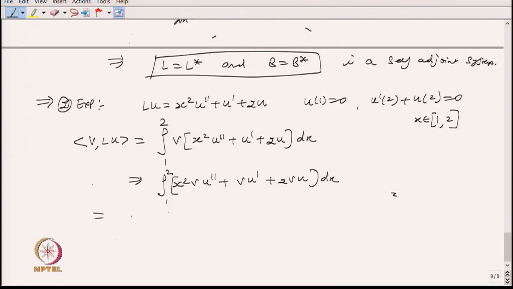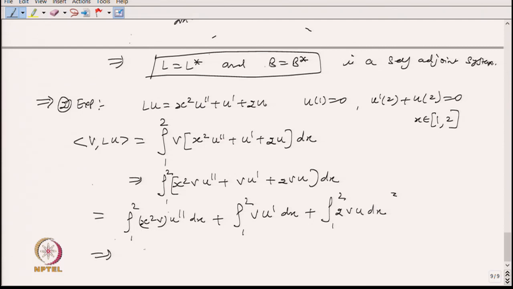So, again from here I can write down, from 1 to 2 x square v u double dash dx plus integration from 1 to 2 v u dash dx plus integration from 1 to 2 2 times v u dx. Now, the main thing is that I want to solve this one. So, it will be again x square v u dash, taking from 1 to 2, minus 1 to 2.